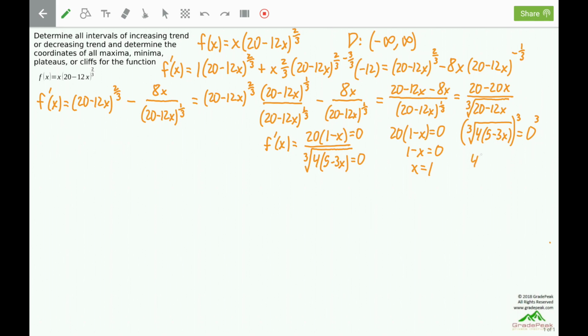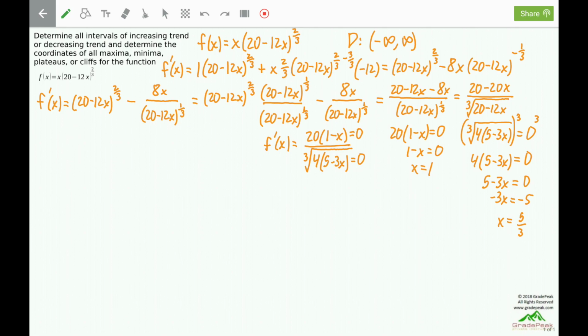Cube root and cube will cancel each other out, and this will be 4 times (5 minus 3x) equals 0 cubed, which is 0. We can divide both sides by 4, so 5 minus 3x equals 0. We can subtract 5 from both sides, so negative 3x equals negative 5. And we can divide both sides by a negative 3. The negatives will cancel, and that will give us 5/3.